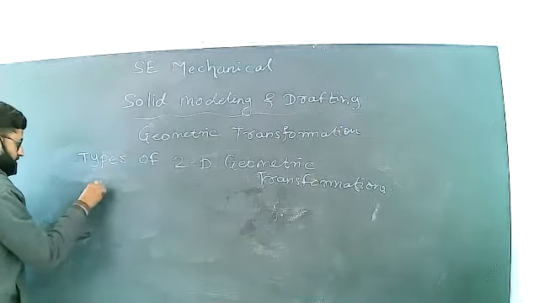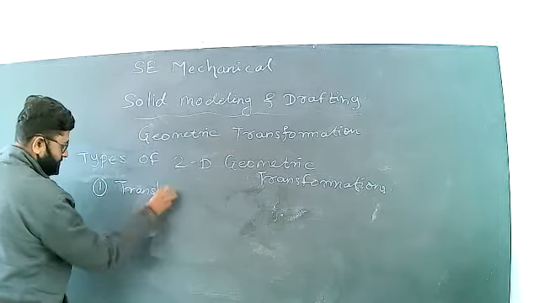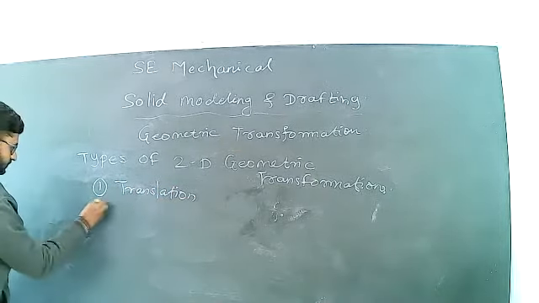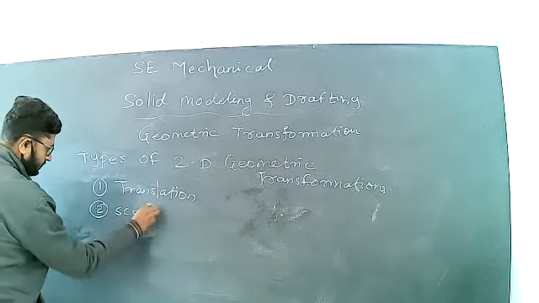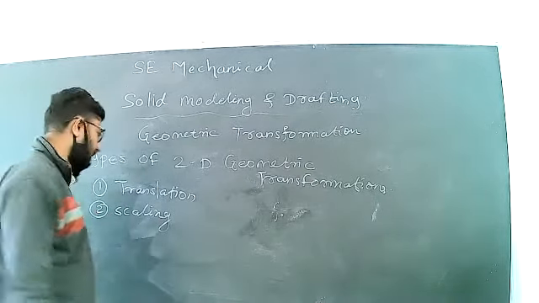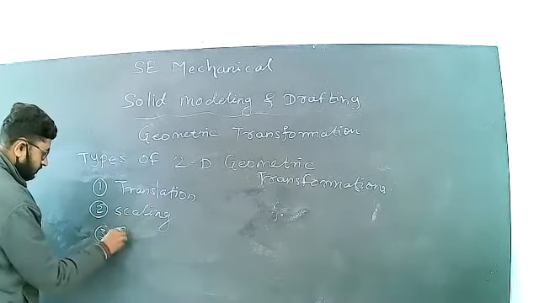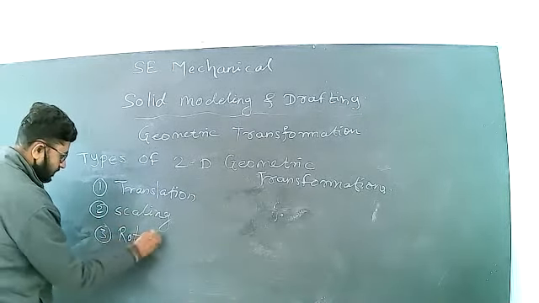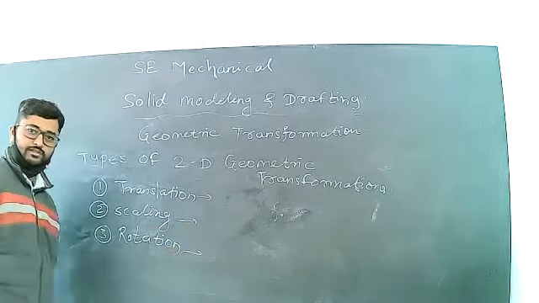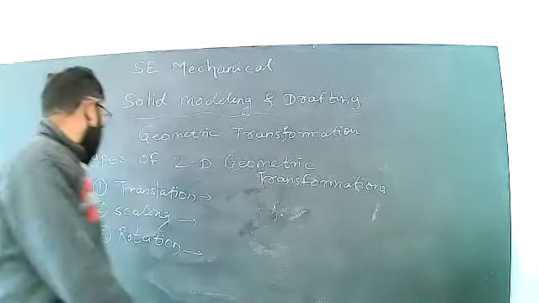First type is translation. Second type of geometric transformation is scaling. And third type of transformation is rotation. So students, these are the three different types of geometric transformations.